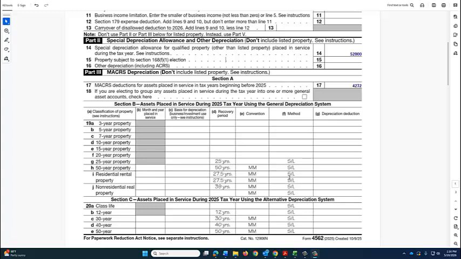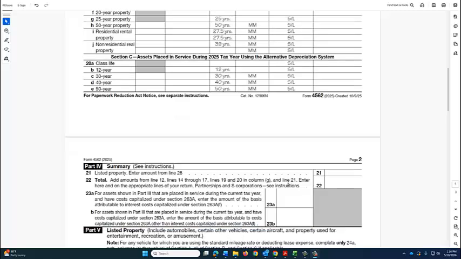So now that we've got all our depreciation entered, we're going to bring our totals down to line 22. So we're going to add amounts from 12, 14, 17, and then lines 19 and 20. So we've only got the bonus depreciation and then the line 17 depreciation for items placed in service before 2025.